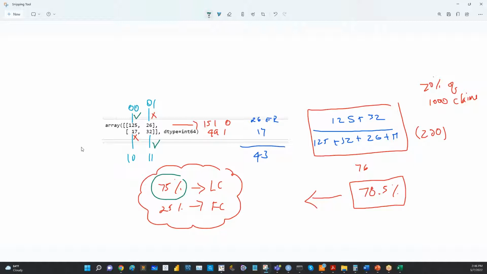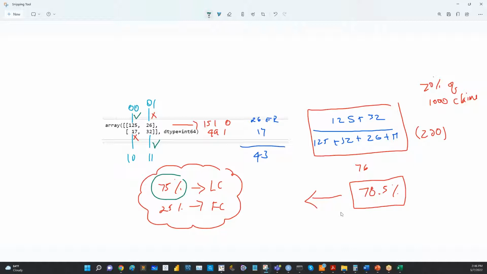If your model says that Afifa is legitimate, she is legit at 78.5%. If the model says Afifa is lying, she just committed a fraud, she committed a fraud at 78.5%. And the question is, is this a good or bad model?